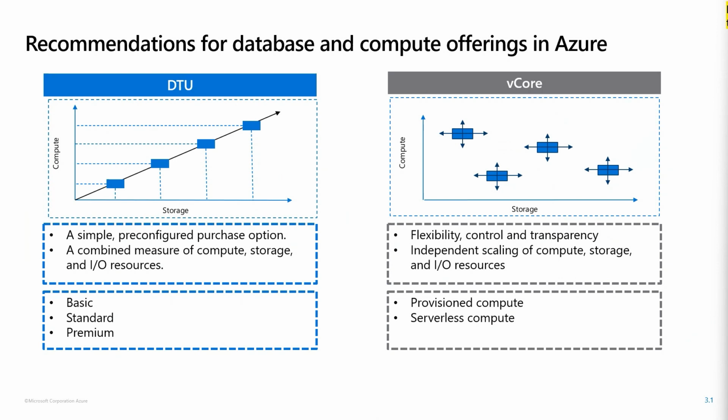If you look into the vCore model, that's a little bit like making up clusters of independent compute and storage allocations together. We will find provisioned compute, and we also will find serverless compute.